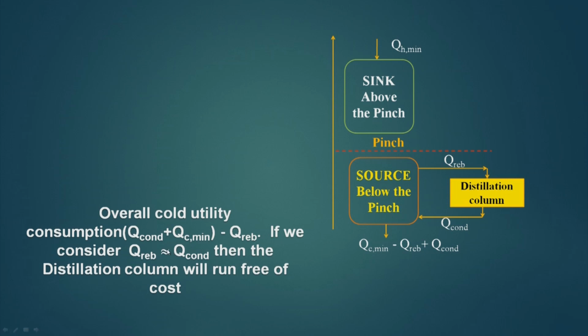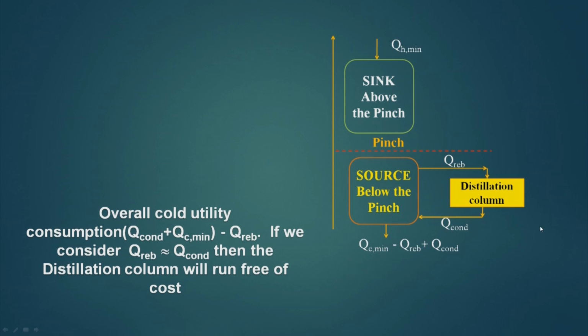Now, if we consider Q reboiler equal to Q condenser, then the distillation column will run again free of cost. If Q reboiler is a little bit more than the Q condenser, then also this will reduce to some extent QC minimum.